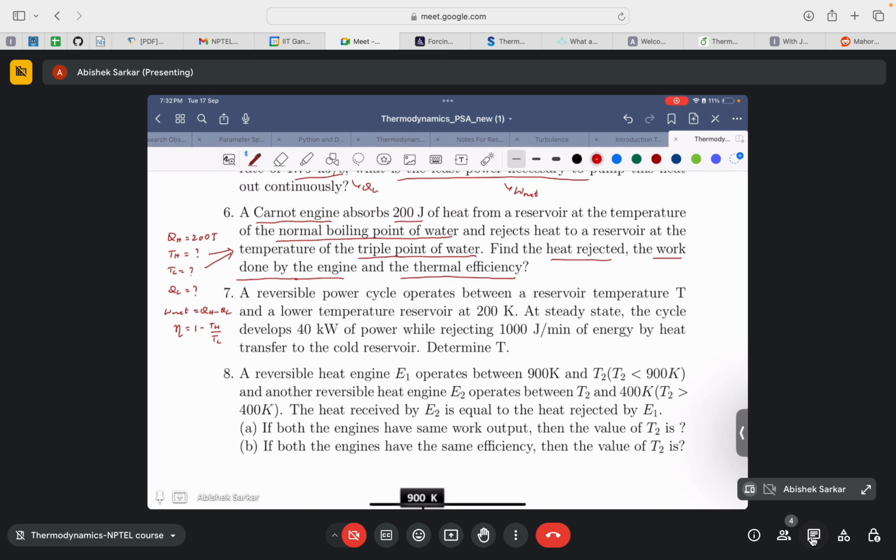What's the boiling point of water? Convert that into Kelvin scale. What is the triple point of water? Again, convert the temperature. The key thing is the temperature of the triple point, not the state of the triple point. The pressure may be different in the case of the triple point, but the key is the temperature at the triple point, which is constant.